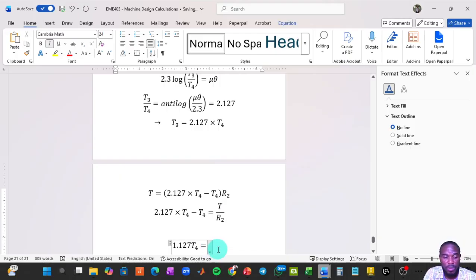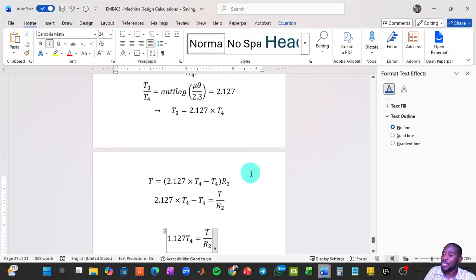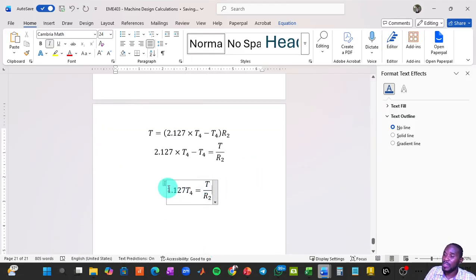Okay, given by the torque divided by R2. Now if we again divide both sides by this value, it can vanish, and it will appear here as 1.127 times R2.